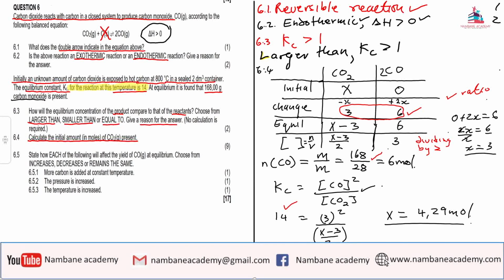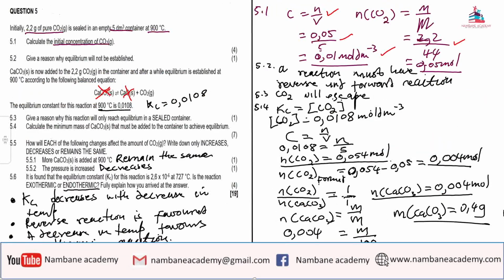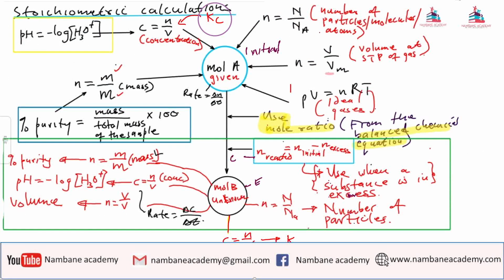So basically once you understand, this becomes easy by just following a pattern. From the pattern itself, what did we do? We calculated the number of moles. Can I quickly go to this particular slide? Why this slide? Because we are given the mass, we calculated the number of moles. We used the number of moles to get the change in the number of moles. We used the molar ratio to get the number of moles of the unknown.